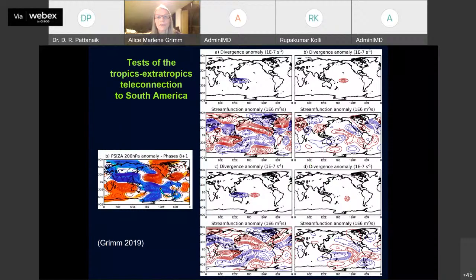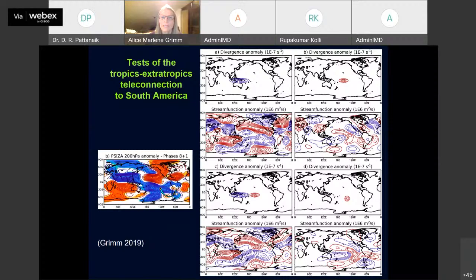And this is confirmed with simulations using as forcing only parts of these convection anomalies. Using this one, we don't get the right anomalies over South America, neither from this one nor from the combination of the two.